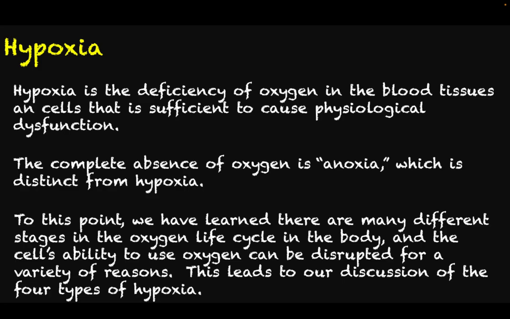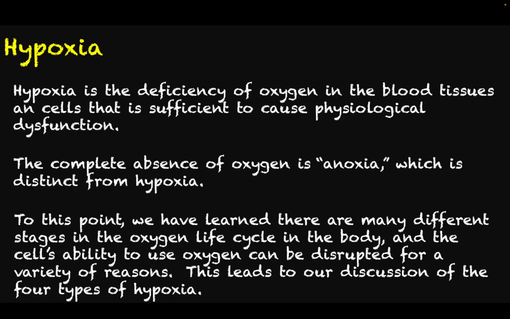So if we're talking about hypoxia, which ultimately is the cells and the tissues not receiving enough oxygen, there can be a number of different reasons why a cell or a tissue or an organ like the brain is not receiving enough oxygen. And we can relate that to potential problems at any point in the life cycle of oxygen, whether, again, it's external, internal, or cellular respiration.